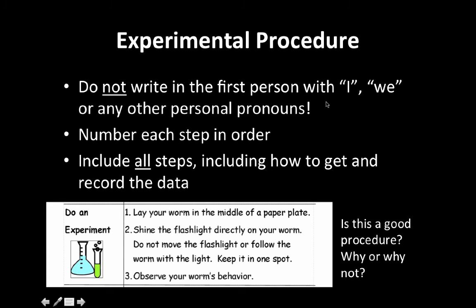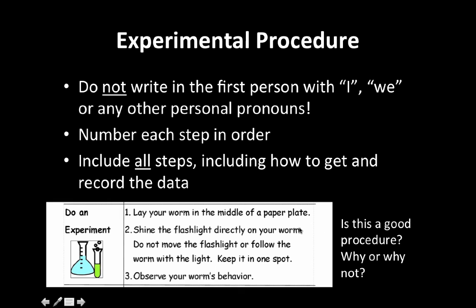Procedures, just some basic things when you're writing your procedures out. Don't write in the first person with I, we. Don't do any of the he, she stuff either. Number each step. That's important. And include all the steps necessary in getting data. Is that a good procedure? Look at that. Oh, of course not.